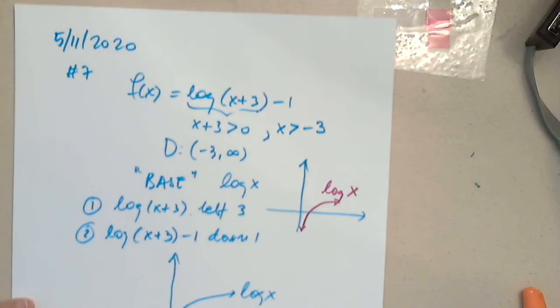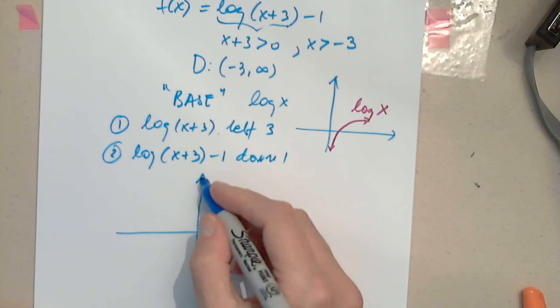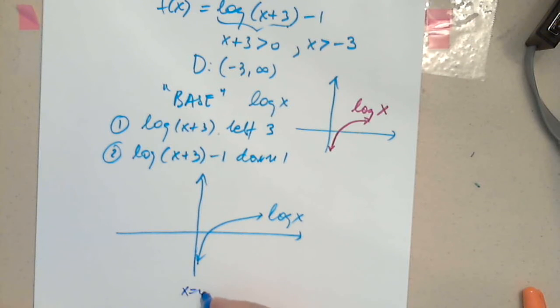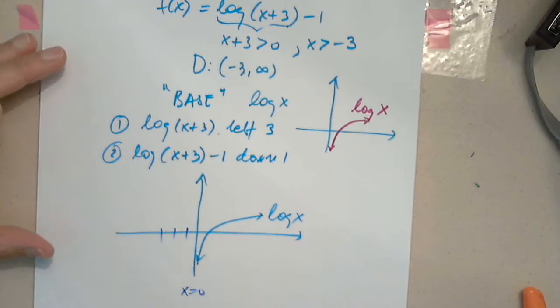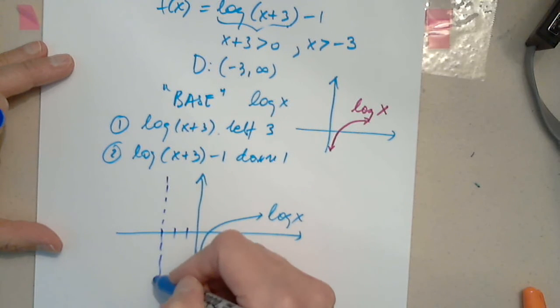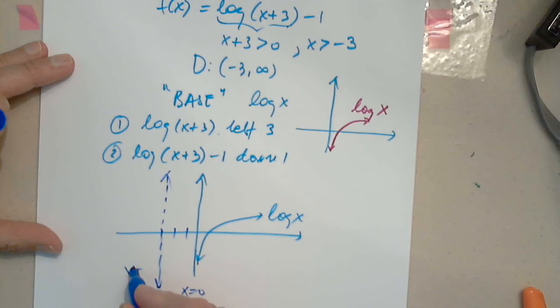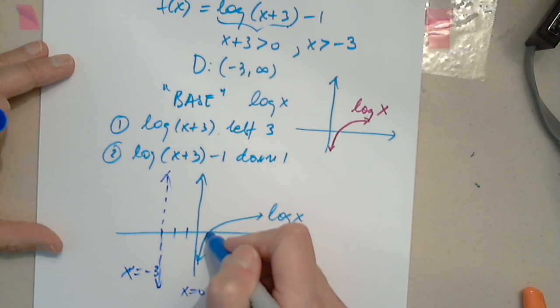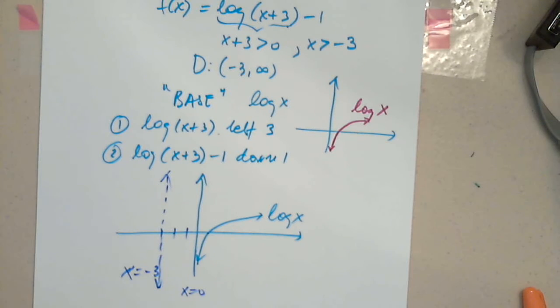The domain is -3 to infinity. But this is a function with a vertical asymptote at 0. When I shift the graph, this asymptote shifts first. So I'm going to graph now the vertical asymptote, which is x equals -3. And then I will move this point 3 units to the left. That's my reference point. So 1, 2, 3, right here.